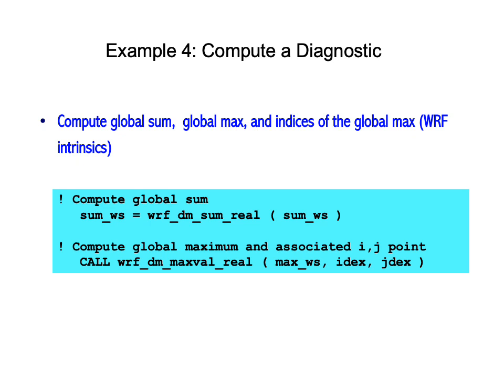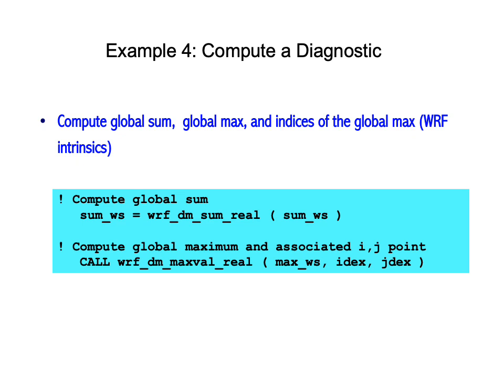So here are a couple of example built-in routines. WRF DM sum real: this says this is a WRF subroutine, DM for distributed memory. We can add up a number of real variables.